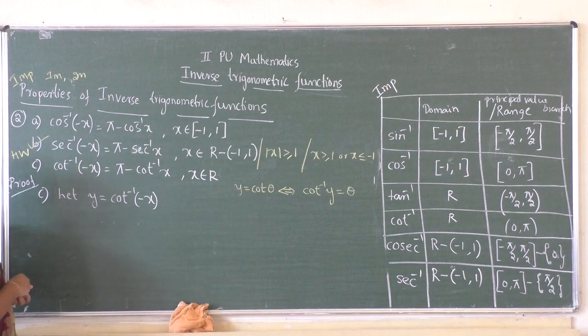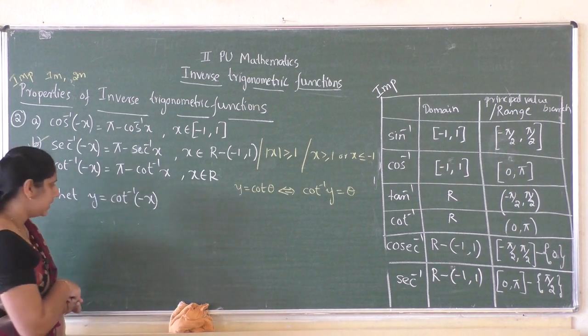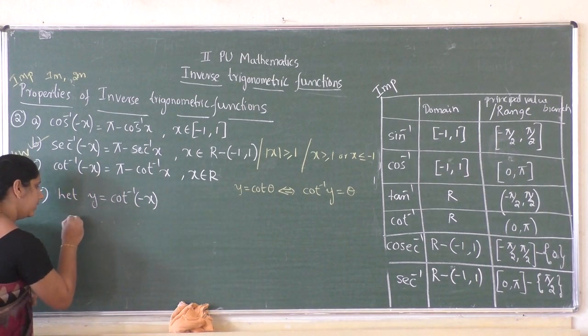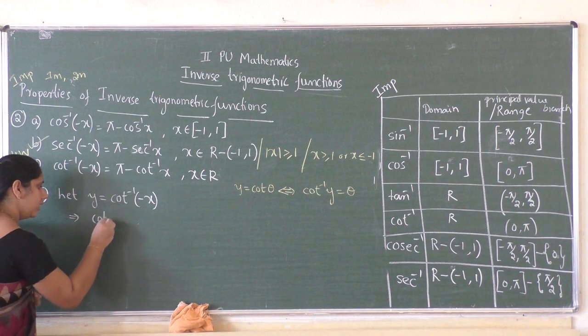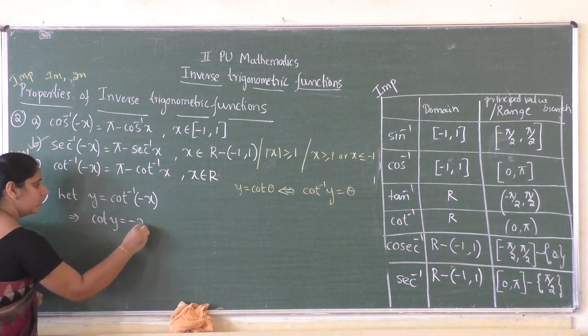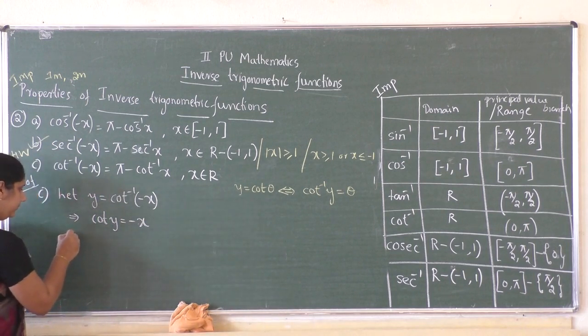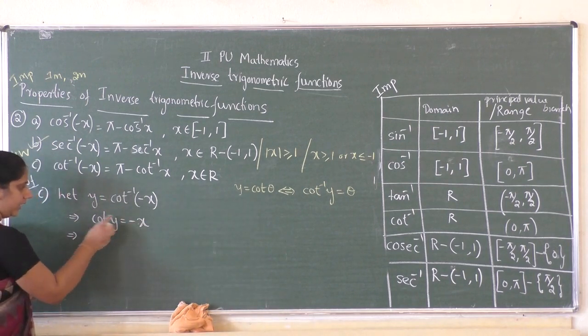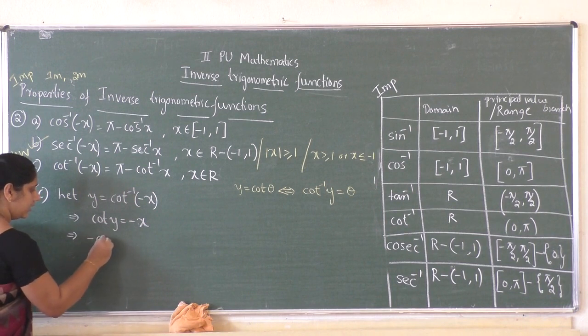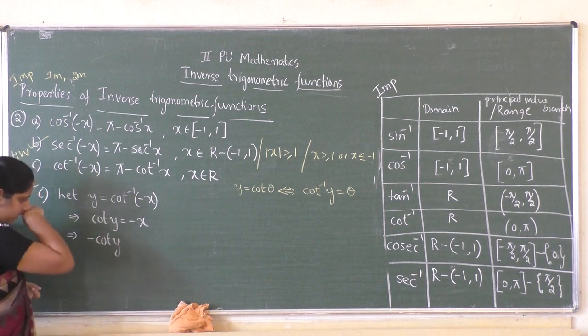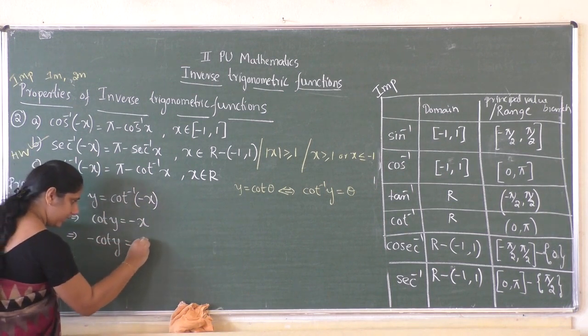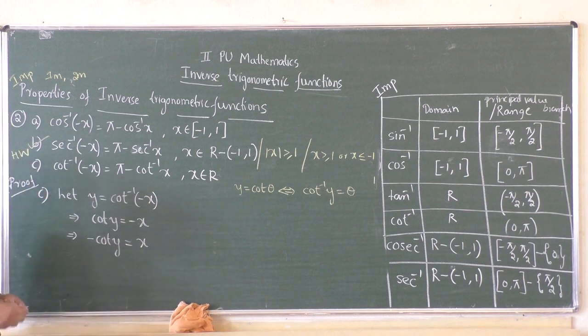So if y equal to cot inverse of minus x, we can write cot y equal to minus x. Now we have to take this minus to the left side, that is it becomes minus cot y equal to x.